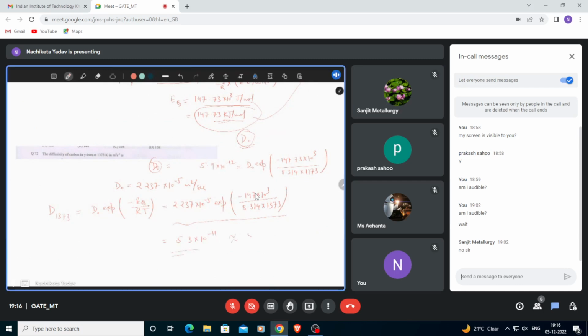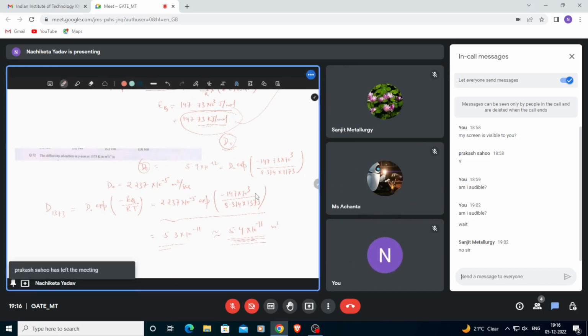It will be like 5.3, 5.4. Here we have options. So in options, this value is given, so this will be the right answer. You check again. Is it okay? I have removed the options intentionally.